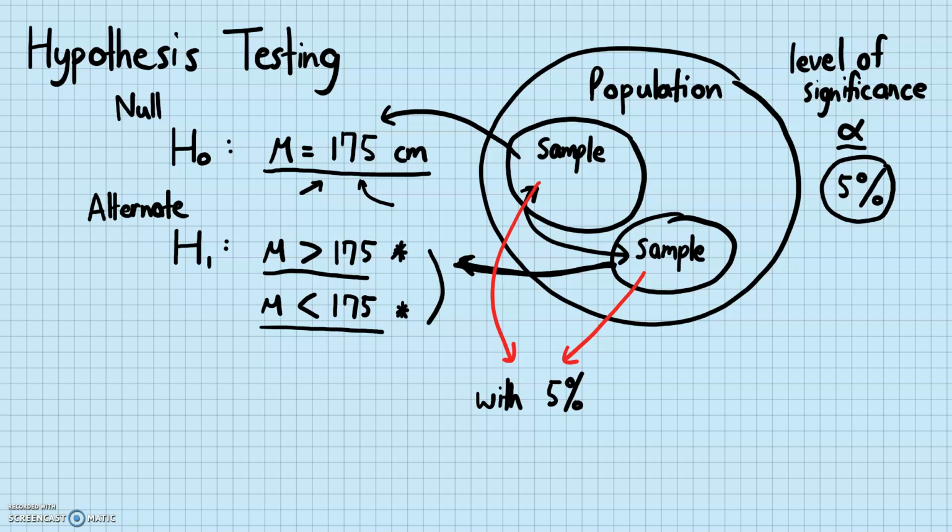Okay, so they don't need to be exactly the same, but they need to be within 5% of each other. Okay, so that's what the level of significance is.